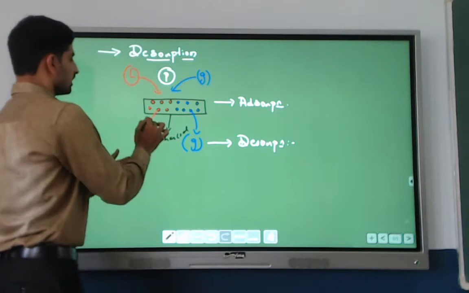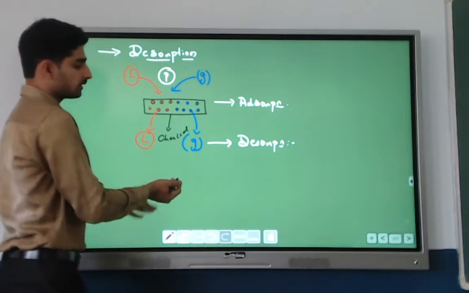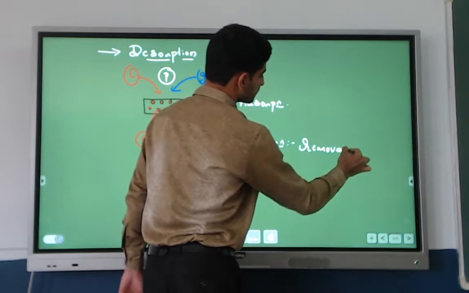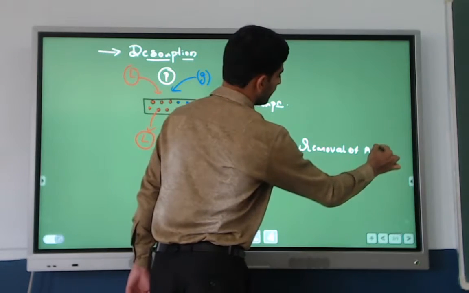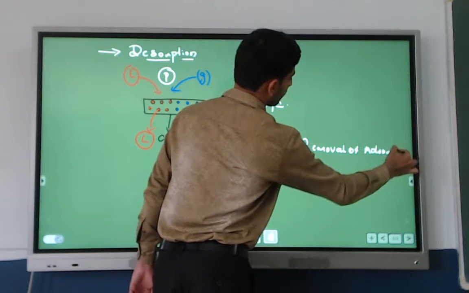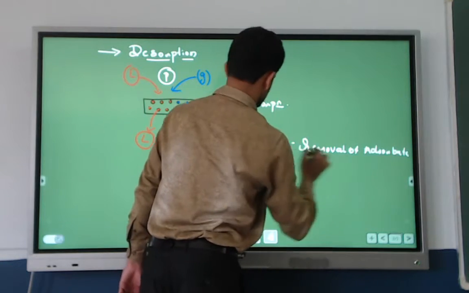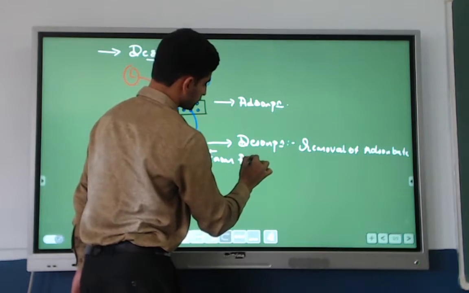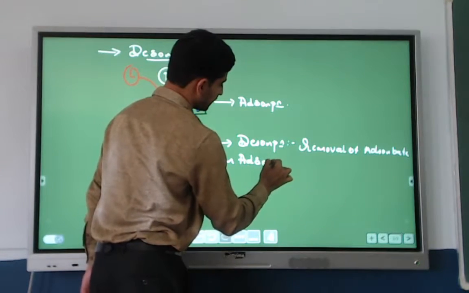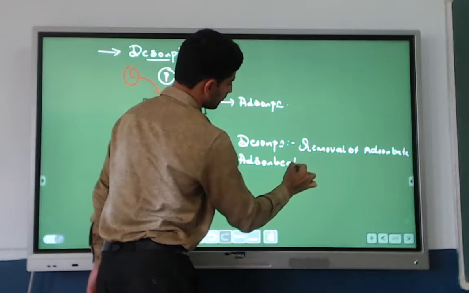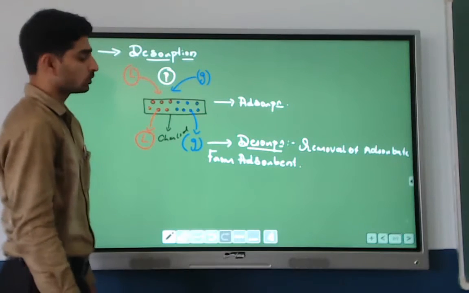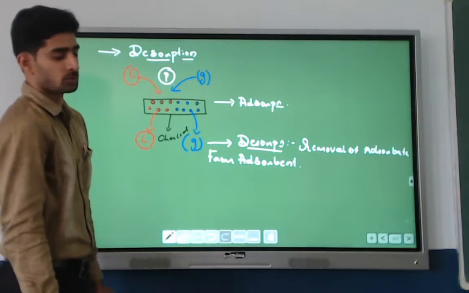Desorption is nothing but removal of the adsorbate from the adsorbent. That is what we call desorption.